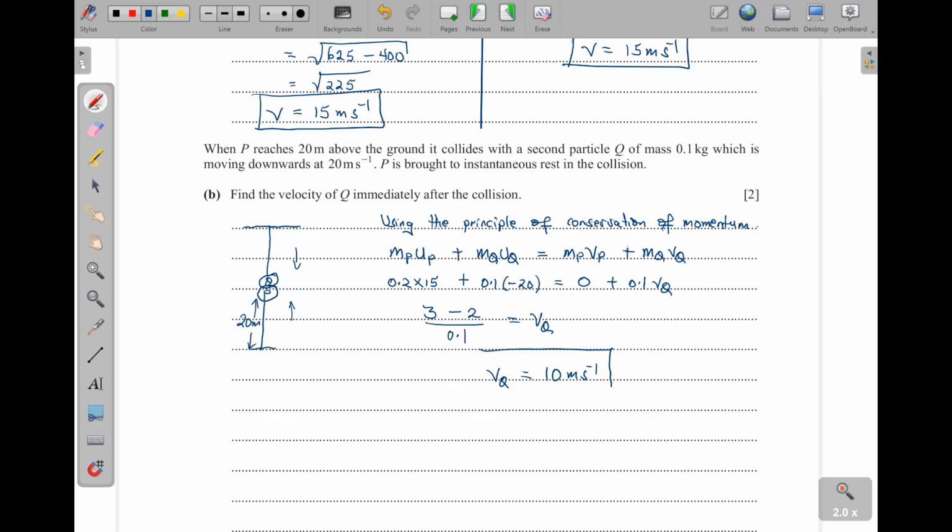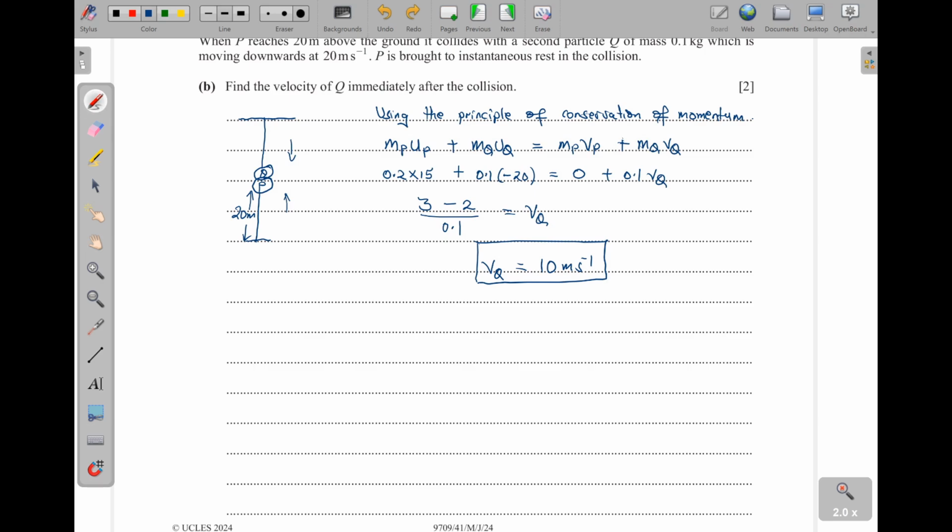So the speed of Q after collision is this. Now, you can check that we have used the negative 20 here. Remember, velocity is a vector quantity, so the magnitude and direction matter. Now, since the value we have gotten here is positive, this means that Q is now moving upwards.